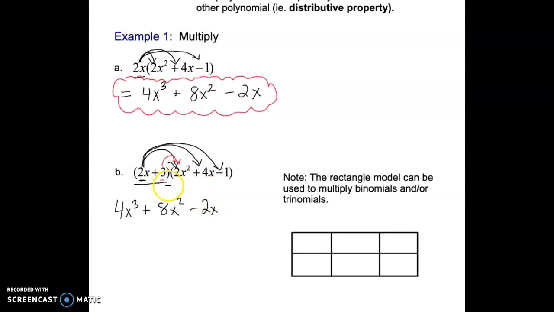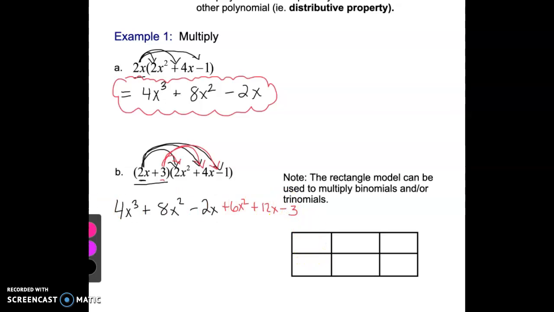Positive 3 multiplied by 2x squared leaves us with positive 6x squared. 3 multiplied by a positive 4x gives us positive 12x, and 3 multiplied by your negative 1 leaves us with a negative 3.